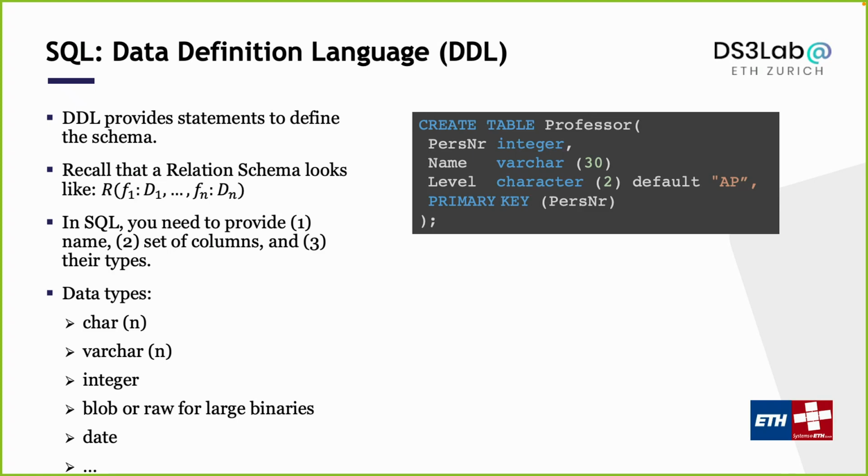You create a table, which is something you write in the system, which is amazing because it's human understandable. You create a table with the name professor, containing 3 different attributes: personnel number, which is integer, that's a data type; the name, which is string; and the level, which is 2 characters with some default value. And then you have a primary key, which is the personnel number.